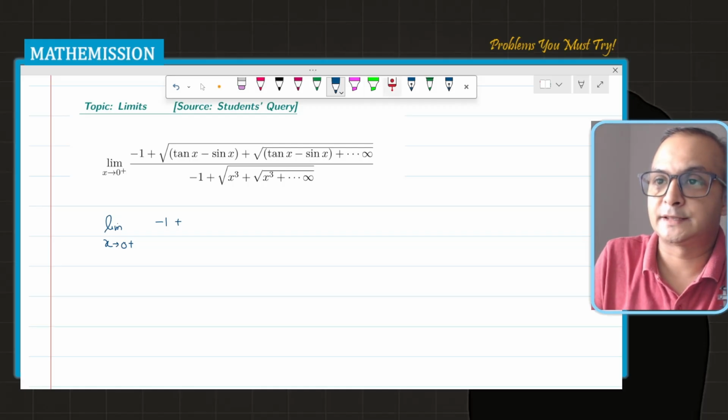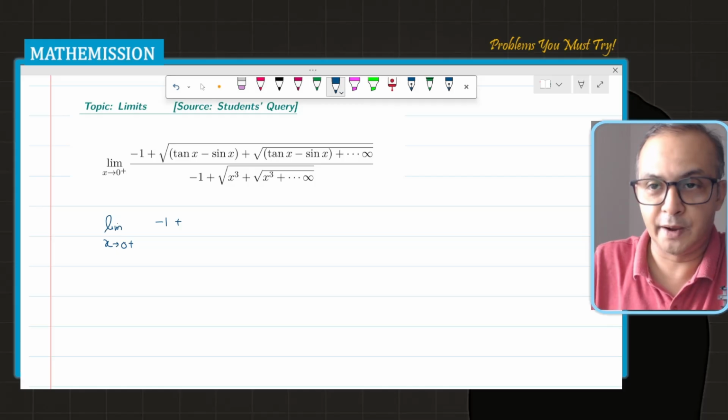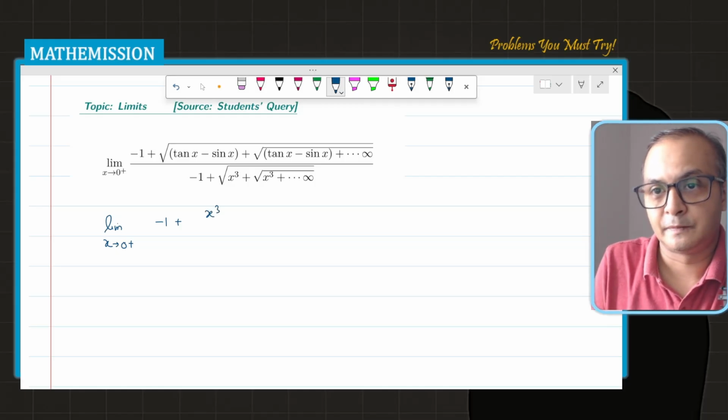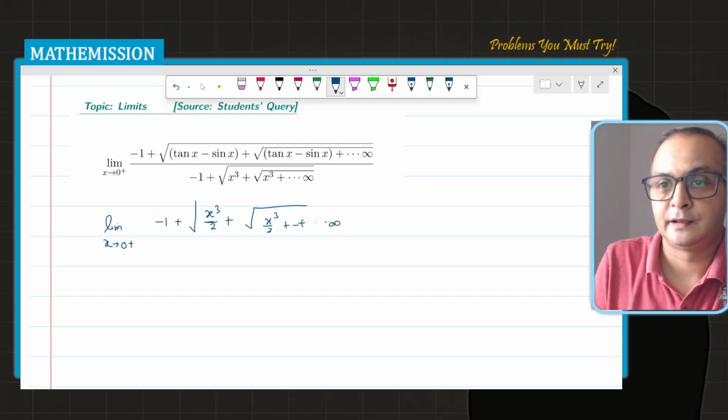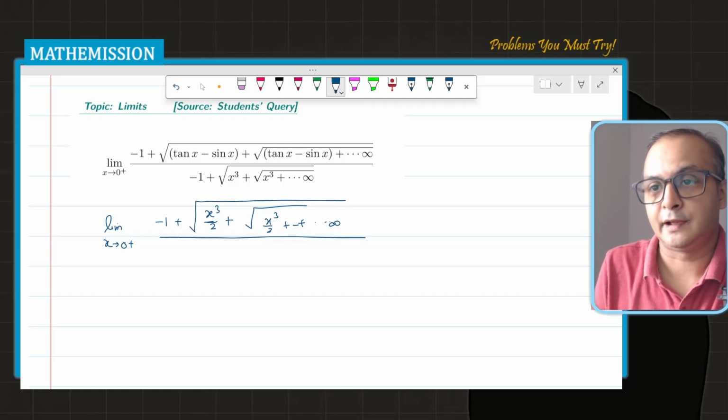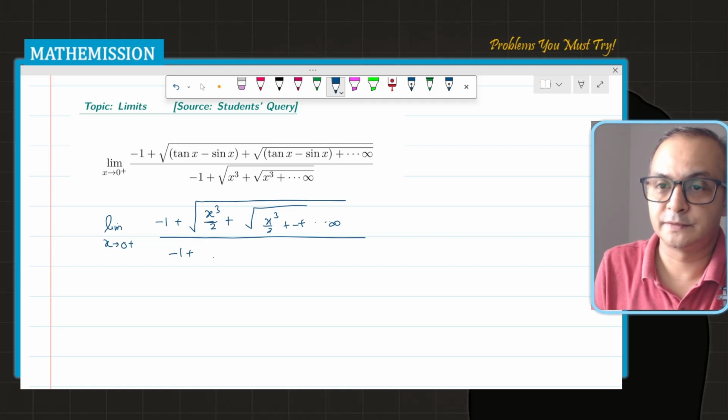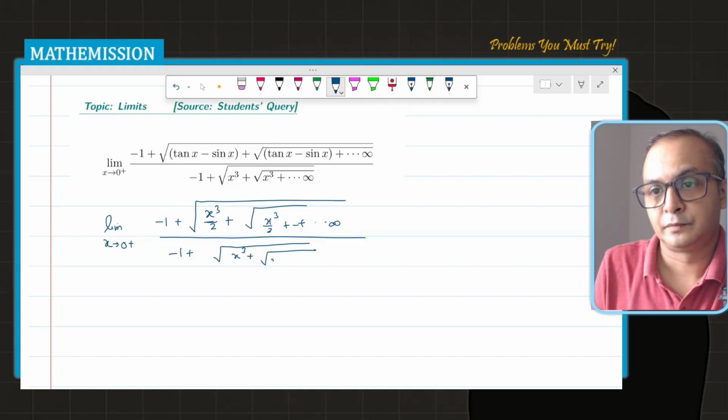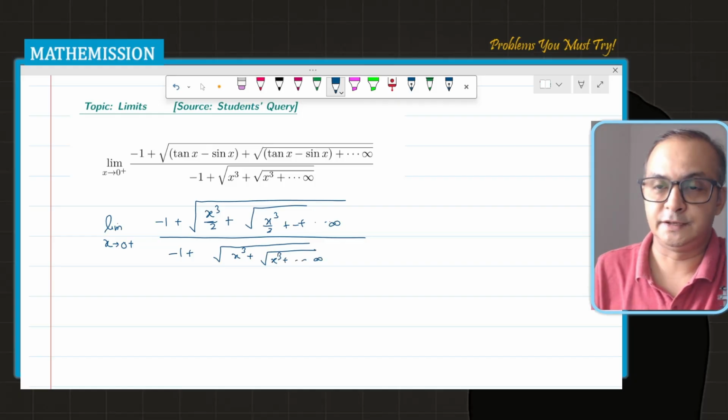And this tan x minus sin x, because there is an x cube, we are comparing with the denominator. Why not write this tan x minus sin x for x approaching 0 plus as x cubed by 2? So let's write it. x cubed by 2 plus x cubed by 2, and it goes up to infinity. And there's one more square root here. And there, minus 1 plus square root of x cubed plus x cubed plus dot dot dot infinity.